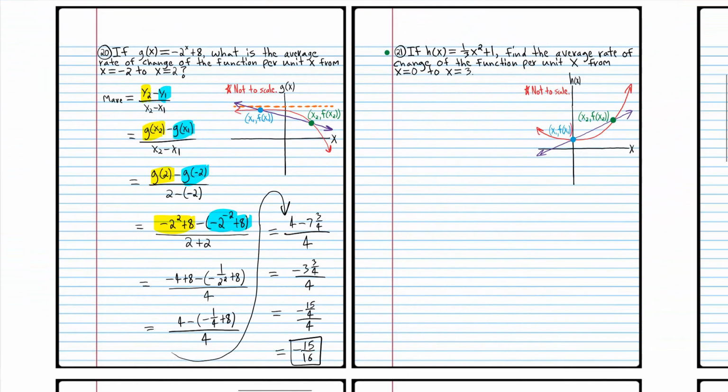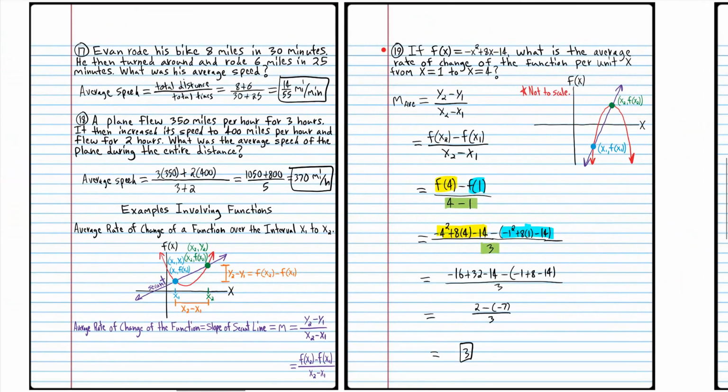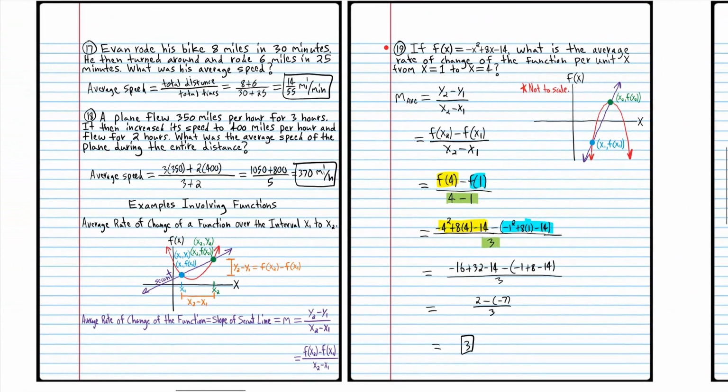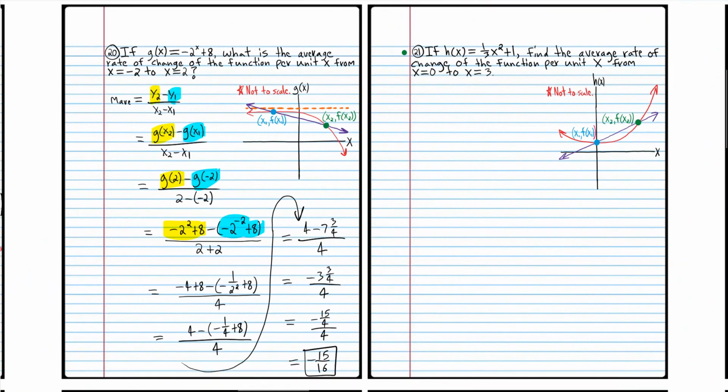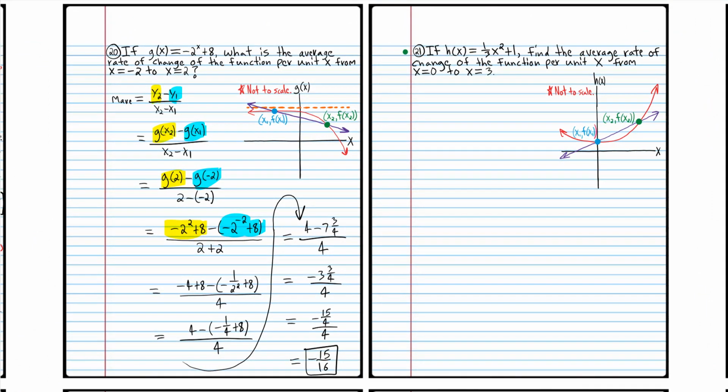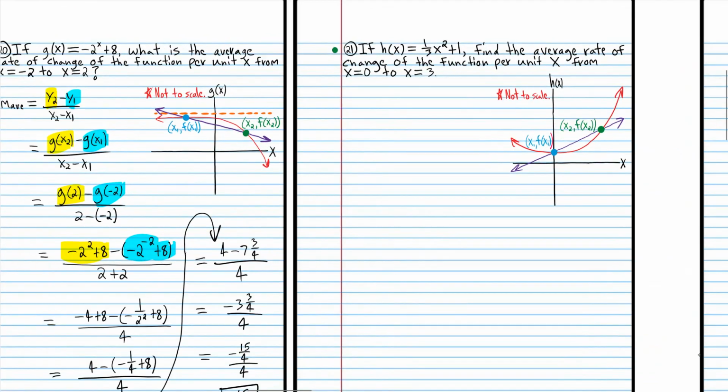Okay, so I want you to take a picture of all this information, and you can use number 20 to help you, so try number 21. When you come back, we'll do it together. Okay, we're back.